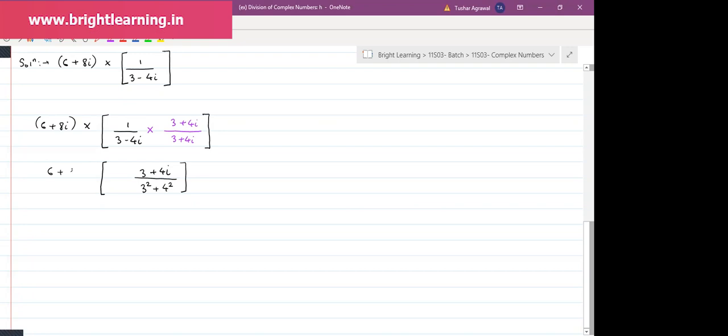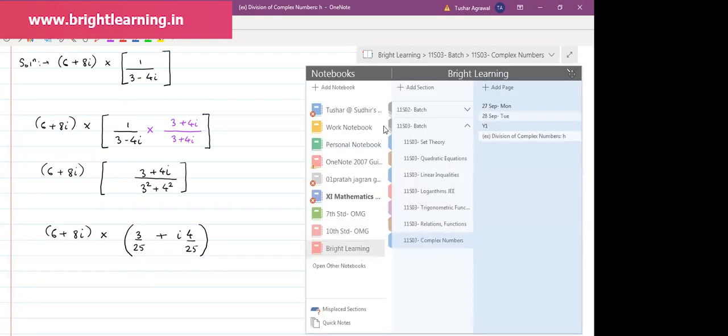So my answer: the question is 6 plus 8i multiplied by 3 upon 25 plus I times 4 upon 25. This is the only way we calculate the inverse of any complex number. Yes or no? You remember this, I hope.